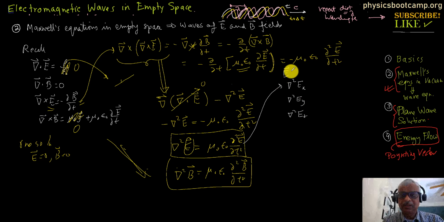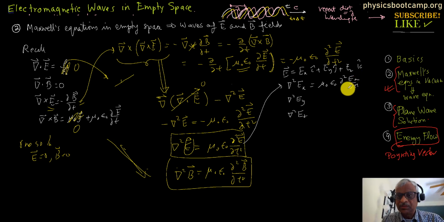If you write the electric field as x component i hat plus y component j hat plus z component k hat, then the other side will be mu naught epsilon naught d square Ex dt square, and similarly for the others. Let me clean this up and then come back and talk about what these equations do.